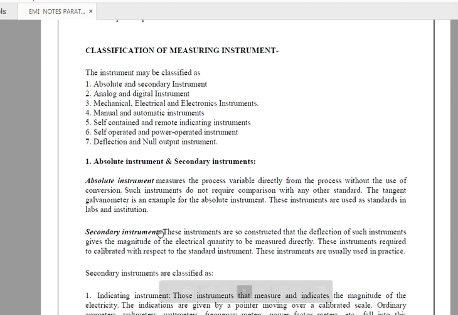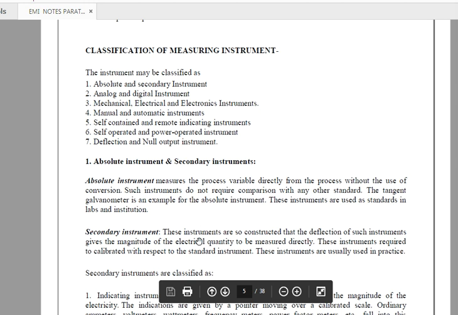Next, we come to the secondary instruments. These instruments are so constructed that the deflection of such instruments gives the magnitude of the electrical quantity to be measured directly. These instruments are required to be calibrated with respect to the standard instruments.